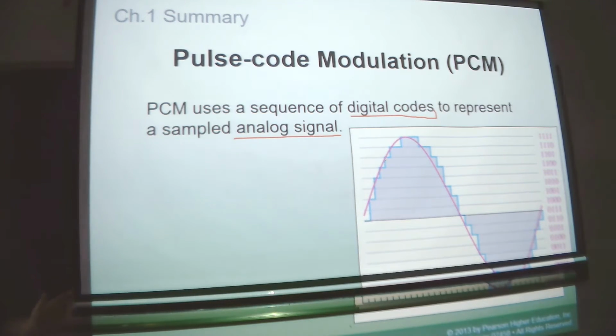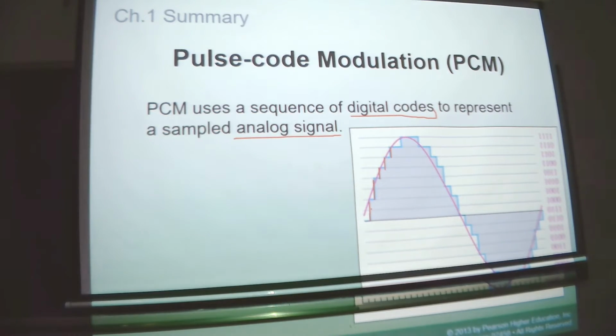Such as this sine wave. The red line represents our sine wave, and the blue line represents the digital code. We sample the sine wave at some discrete times, such as this time, the third time, the fourth time, the fifth time.